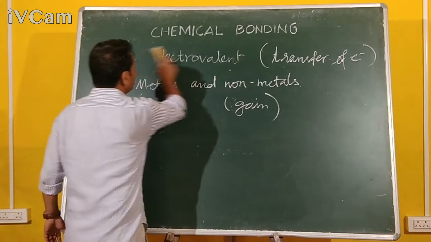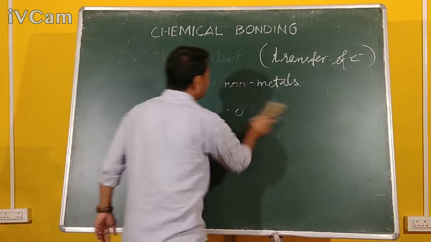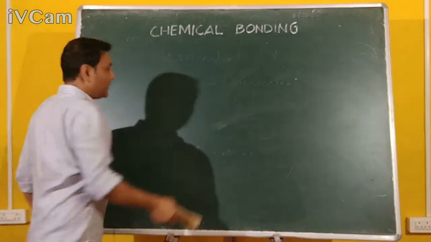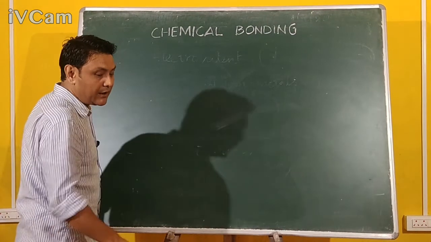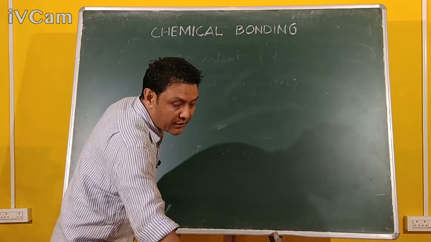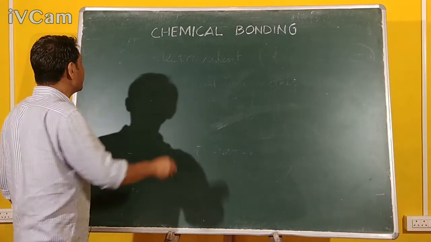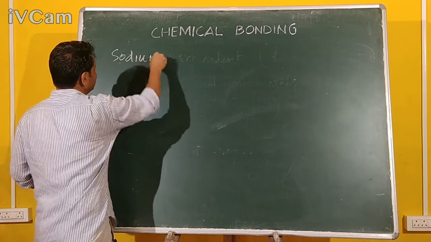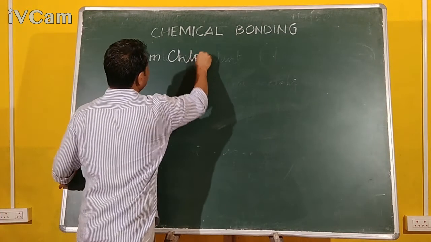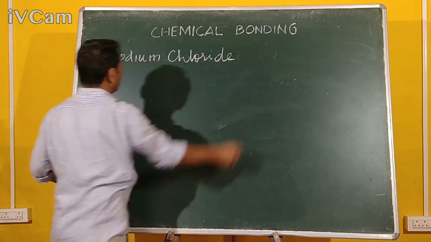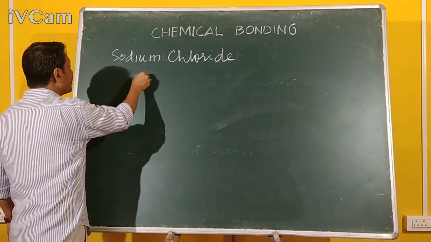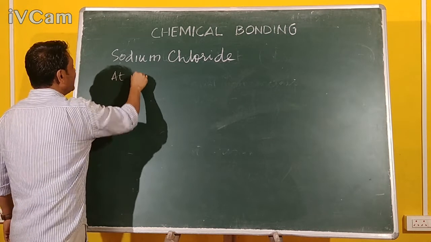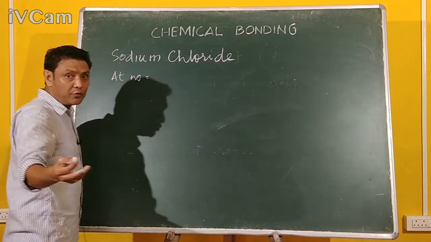So let me tell you the first example of an electrovalent compound. We will deal with the formation of sodium chloride. Okay. Now, the atomic number of sodium will be given to you, no need to remember.